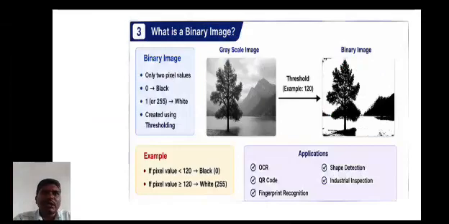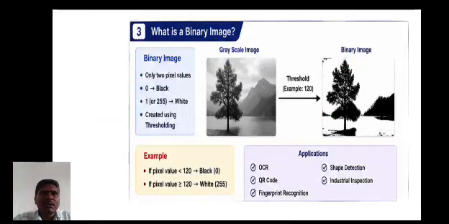Binary images are created from grayscale images using a technique called thresholding. We will discuss later what thresholding means and where we use it. For example, if we choose a threshold value of 120, all pixel values below 120 become black and values equal to or above 120 become white.